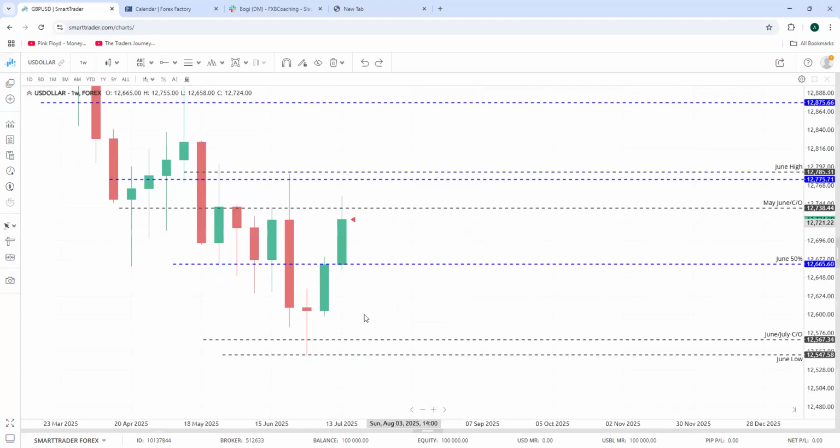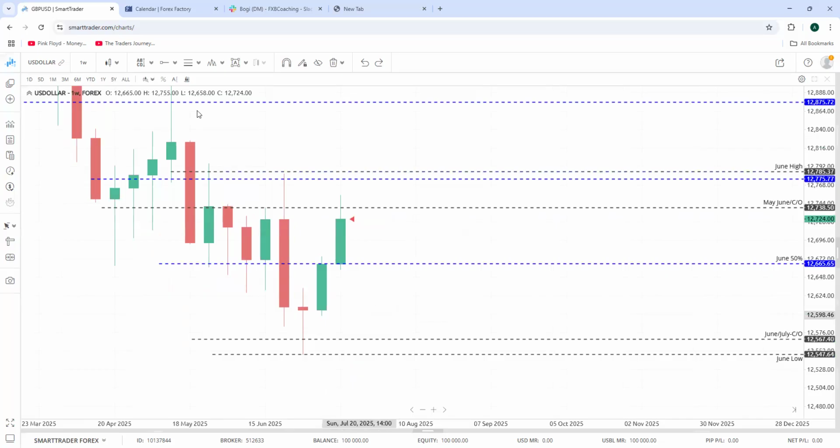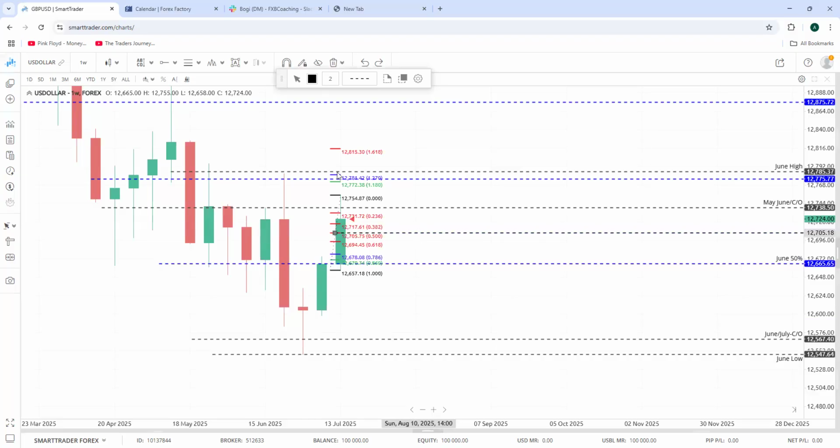And so I'm going to do the same as I did with the monthly. I'm going to mark off from the high to low, and I'm going to mark off the 50%. And the 50% is right here.